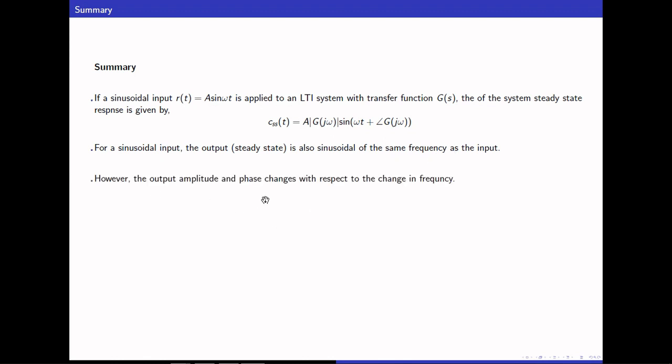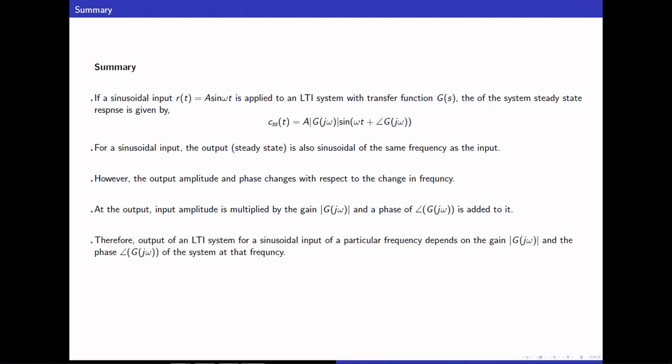Only the amplitude and phase angle change with respect to the frequency. The input amplitude is multiplied by a gain of magnitude of G of j omega, whereas a phase of this much is added to the input. These are the two changes that happen from the input to the output.